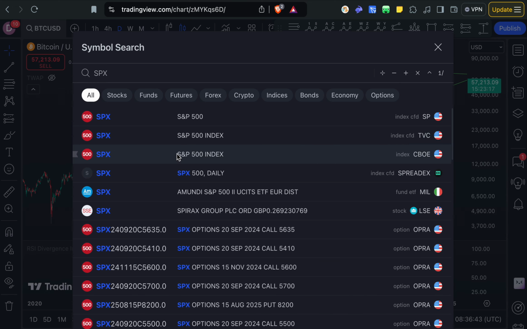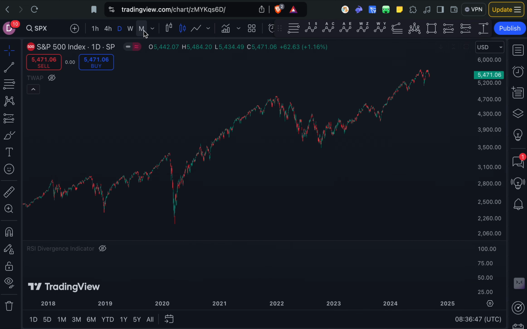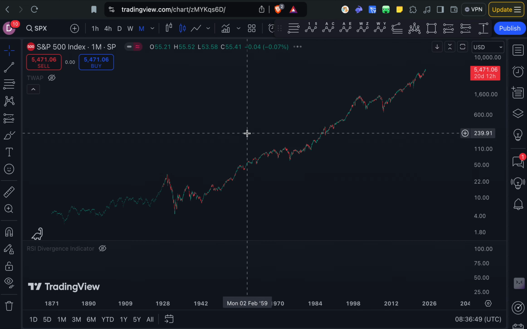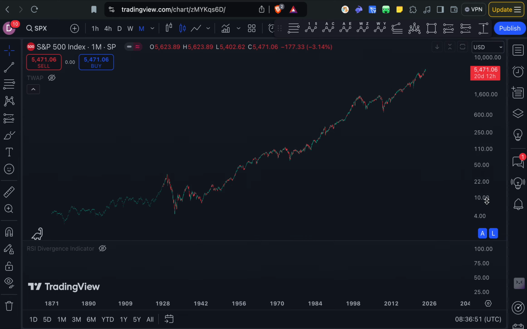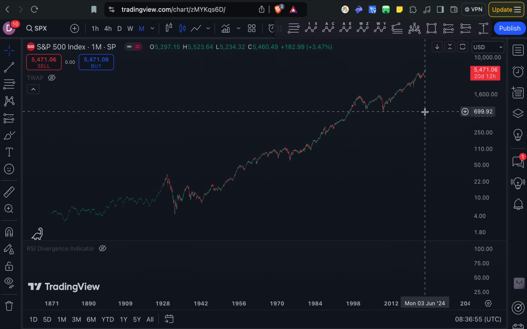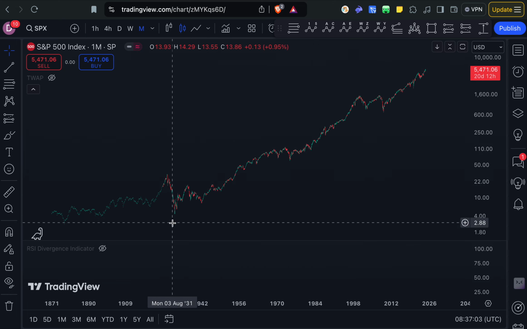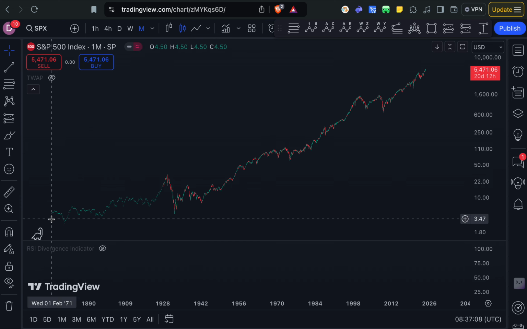500 index, so you can understand and see how to apply this information in real time for other assets as well. So currently we're still on the logarithmic view, and we're actually looking at data of the United States stock market or S&P 500 index going all the way back to not only 1927, but even all the way down to 1871.